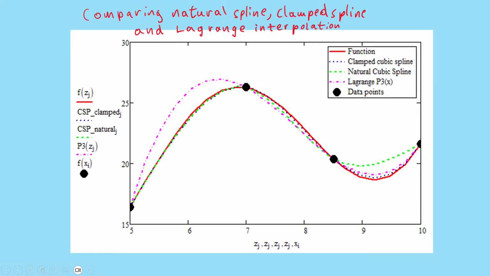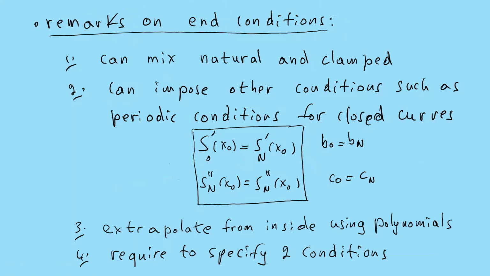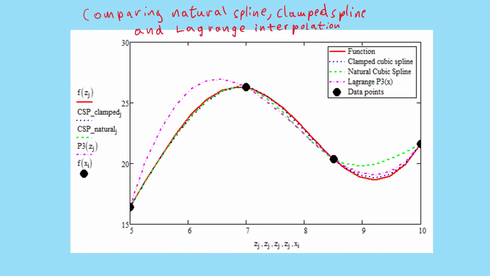If we compare the clamp and the natural, the clamp spline often gives a better match near the endpoints because it uses the known slope information. This is the comparison between global and local interpolation.